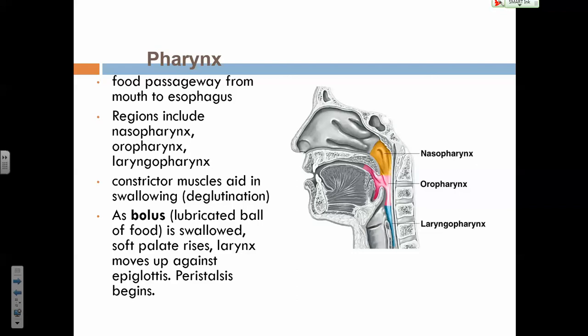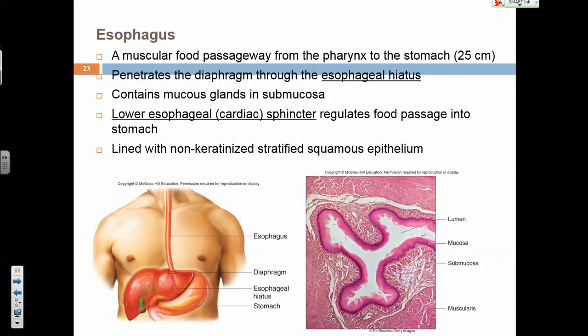Okay. Some of the events that occur when you swallow: the soft palate rises up to close off the opening into the nasopharynx. The larynx moves up against the epiglottis, and then peristalsis begins. So that what you swallow does not go down into the trachea, instead it goes down into the esophagus. So the laryngopharynx leads to the esophagus, okay, which is our next organ.